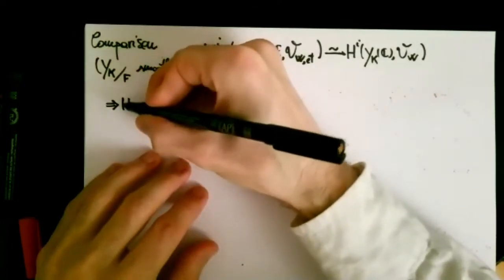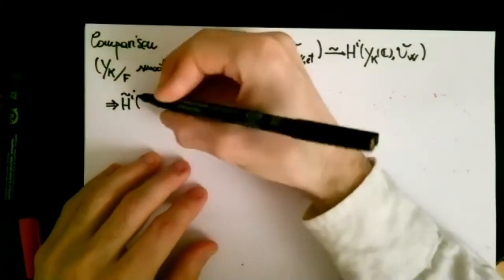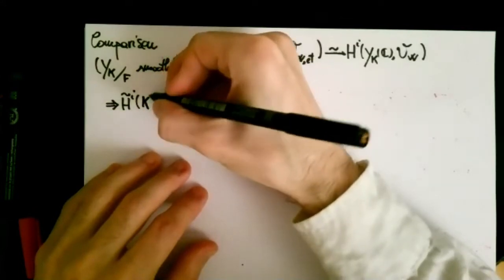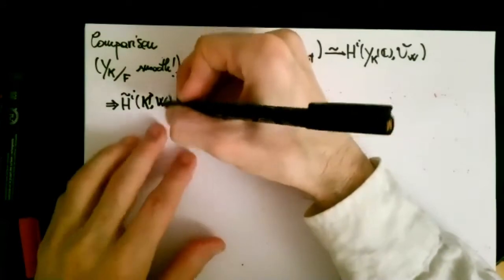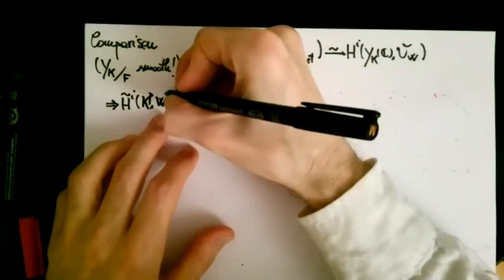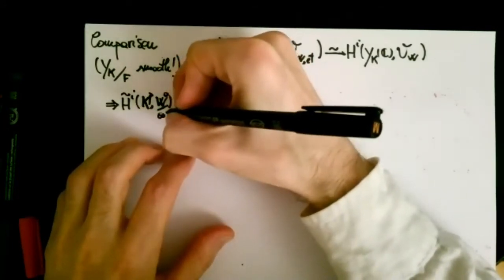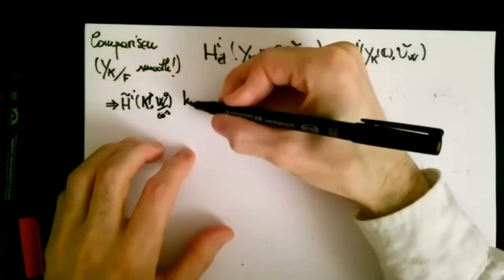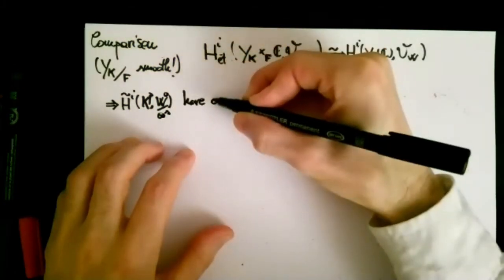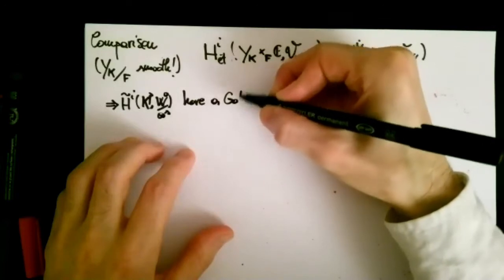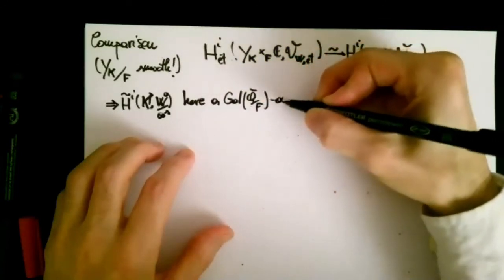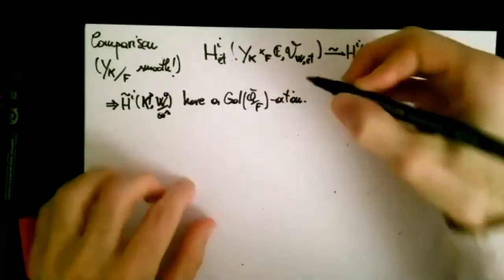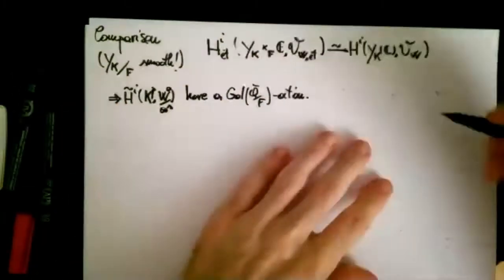And so this implies that the H tilde i, K upper p, W or W naught and so on and so forth. So let me write W naught by S. They have a Galois action of Q_p bar F. So I should put a little warning here.